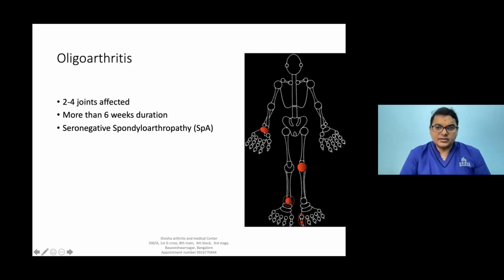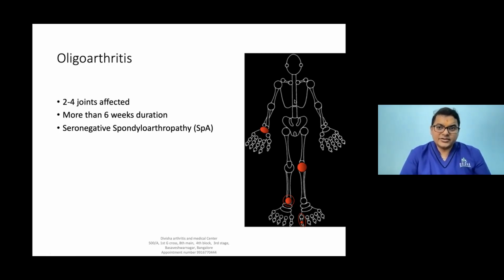You must note here that in this picture, it's not symmetrical. That is, two sides of the body are not involved. So right wrist, left knee, right ankle, left big toe. So it's not symmetrical. That is the main difference between rheumatoid and this particular SPA, that is inflammatory spondyloarthritis.